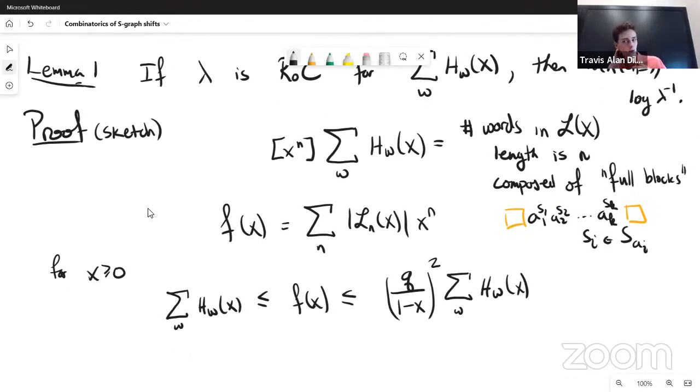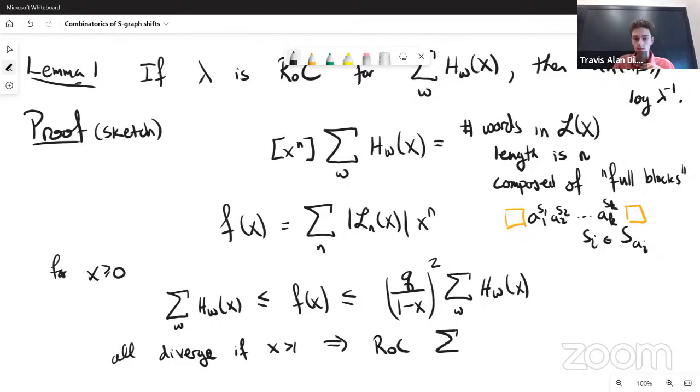And what does this allow us to do? Well, because all of these power series diverge if x is bigger than 1, and the radius of convergence of this power series that I'm multiplying by is 1, this tells us that the radius of convergence of this thing in the lemma is the same as the radius of convergence of f of x.